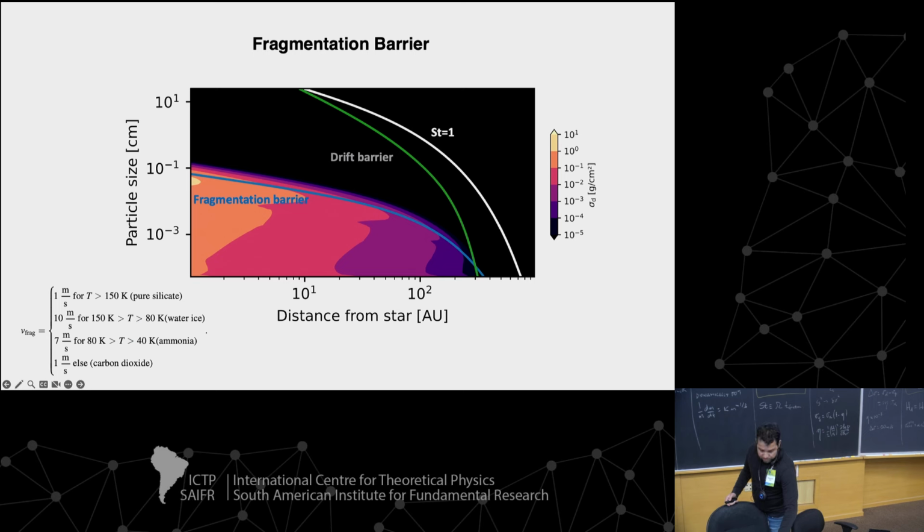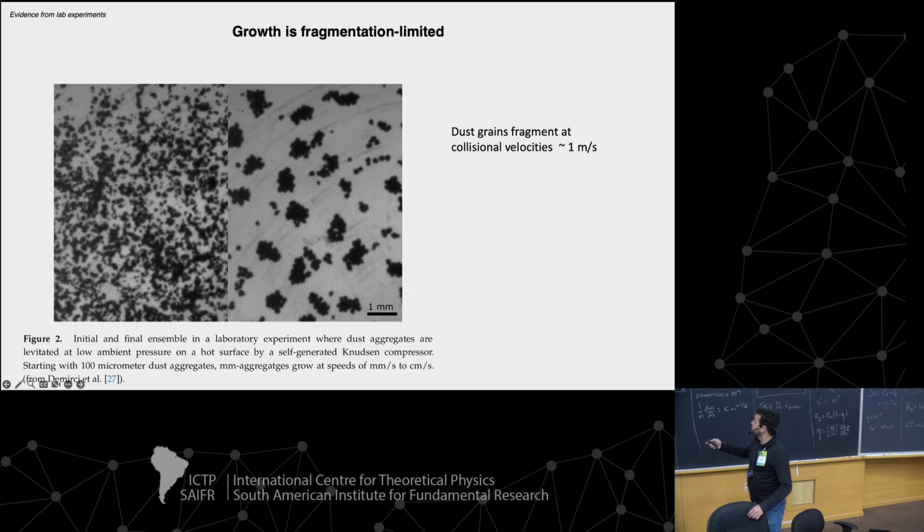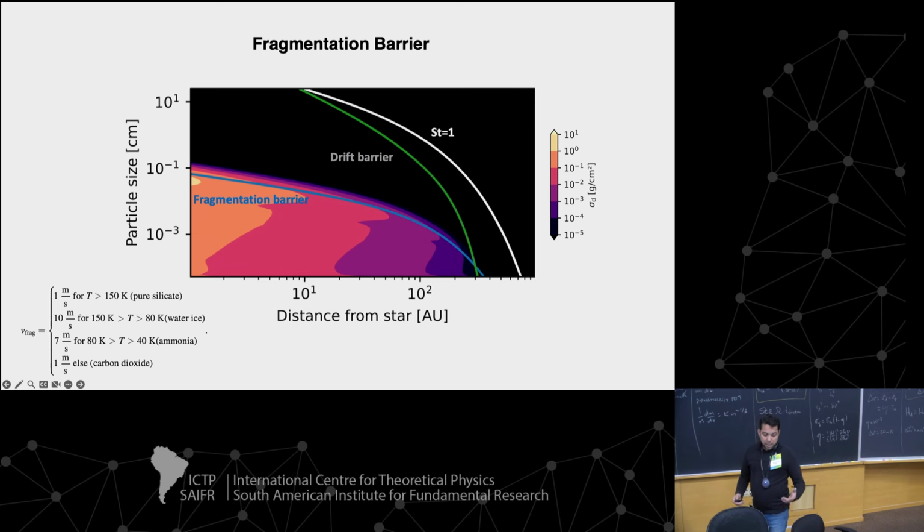But in fact, some recent laboratory experiments show that ice sticks well at this temperature here. But if you go to the temperatures of disks, about 20 Kelvin or so, then ice will behave pretty much like silicates, like at the distances of the Kuiper belt.